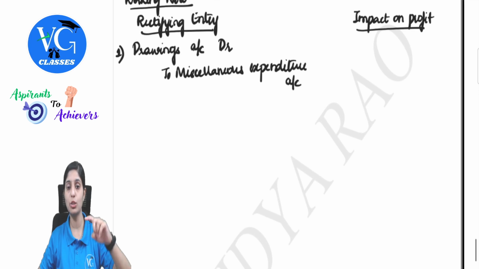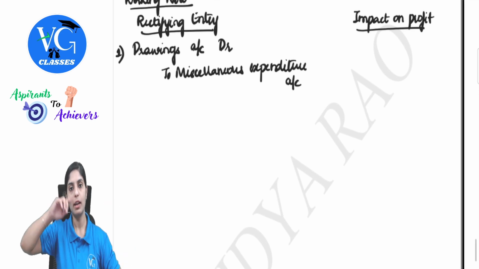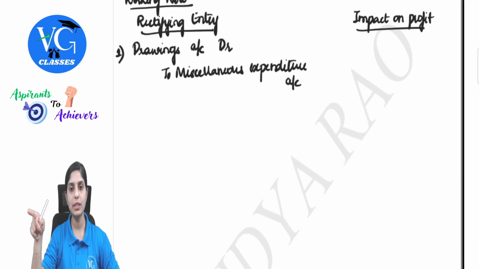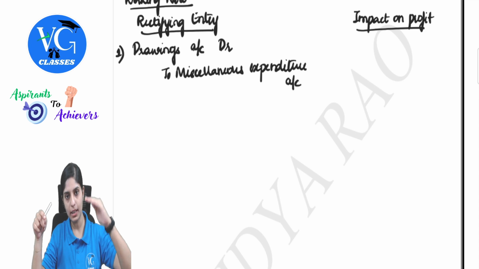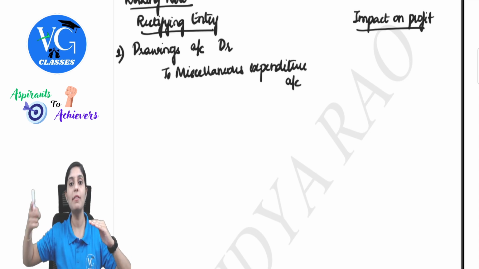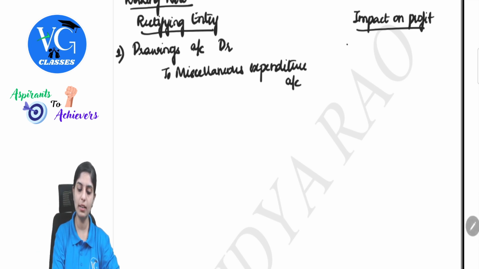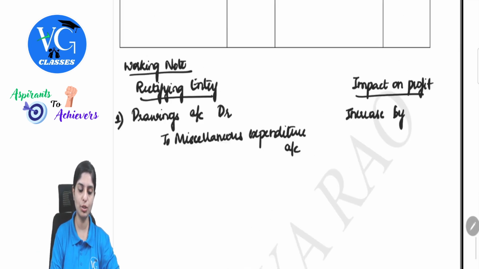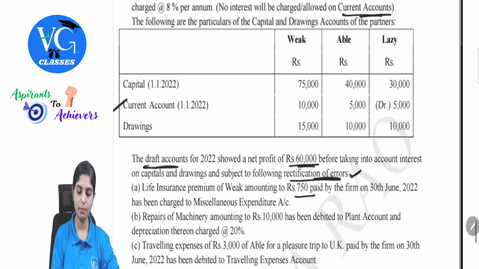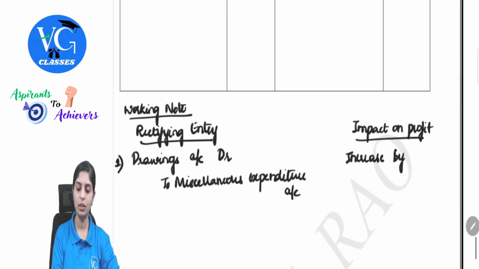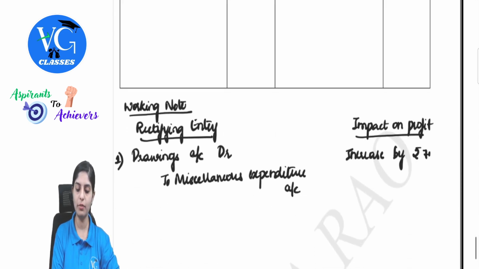Miscellaneous expenditure, which would have been debited, has impacted in the amount of 750. Now this effect is reversed. So when the expense has come down, what will it have an impact on profit? My profit will increase. So there will be an increase in profit. Increase by how much? Increase by rupees 750.